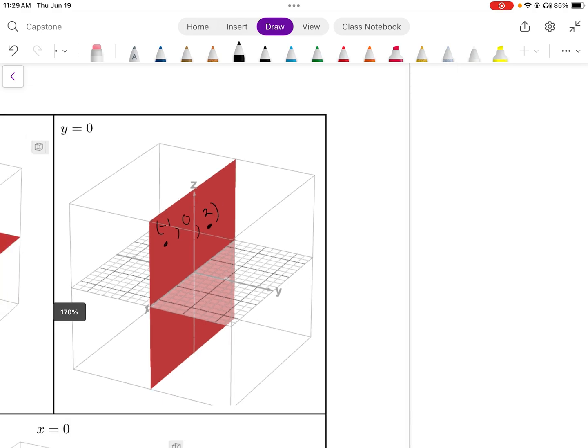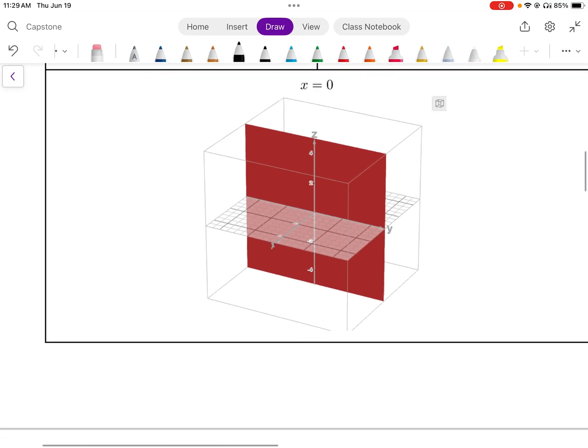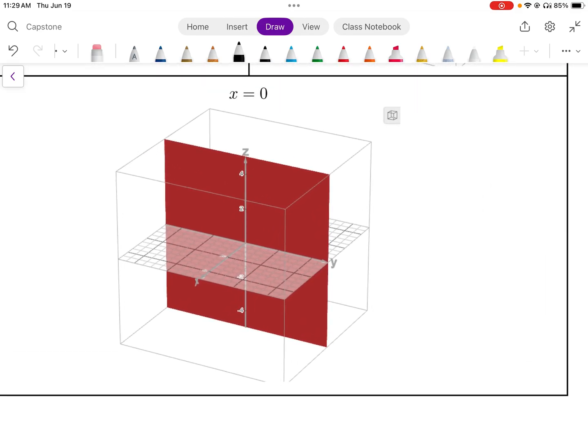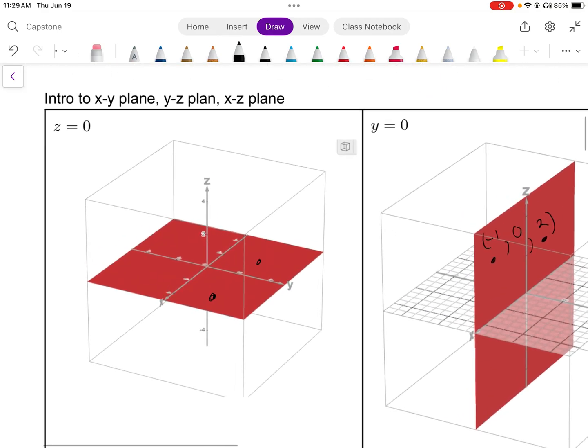Once again, there are infinitely many points on this plane, and it goes in all directions. The third that we might mention, which is very important, is the zy plane. This one has, you guessed it, 0 for x, and it has y and z values, and this represents all the points.